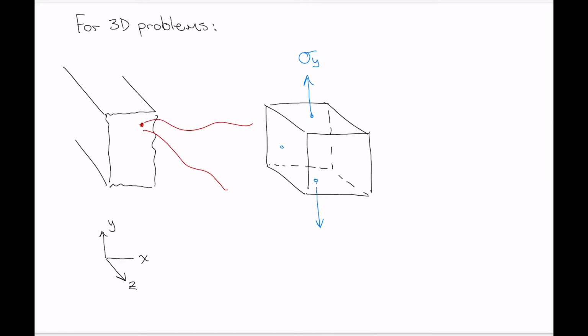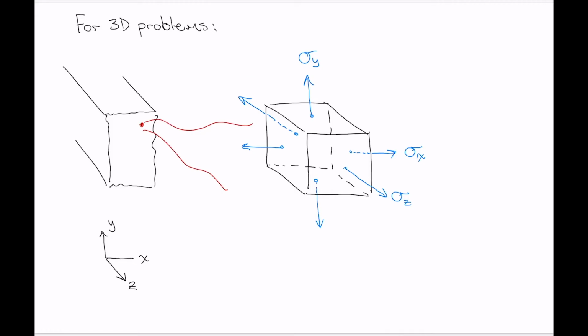And we could have a normal stress acting on the left-hand face like that, in which case we'd have an equal and opposite normal stress acting on the right-hand face, and that would be sigma subscript x because it's parallel to the x-axis. And then we could have also a normal stress that acts on the front face of the element like this, sigma subscript z. And then again, equal and opposite stress acting on the back face, sigma subscript z.